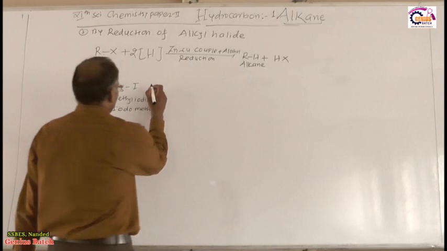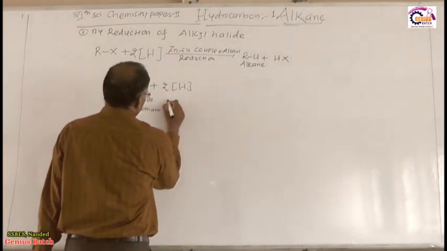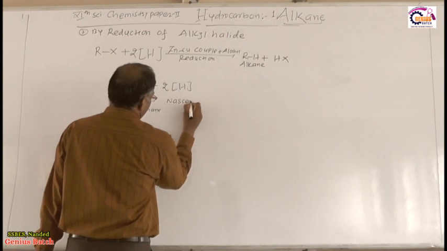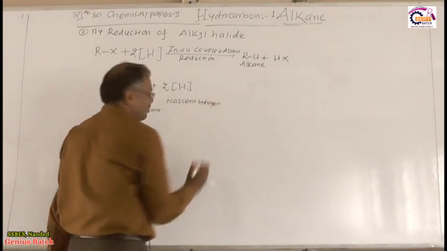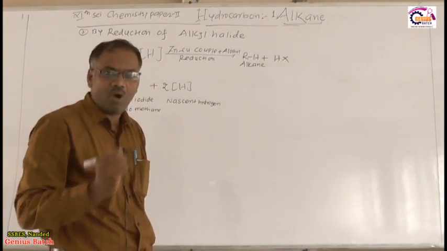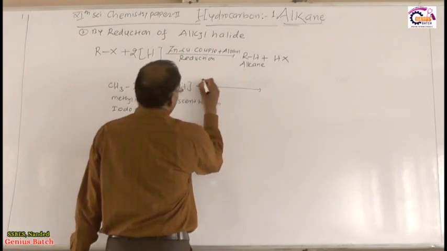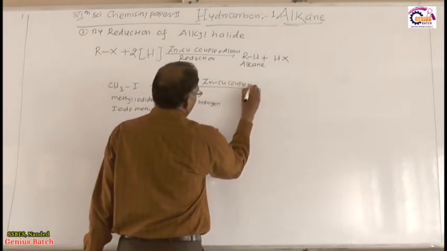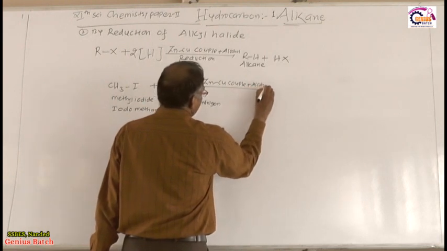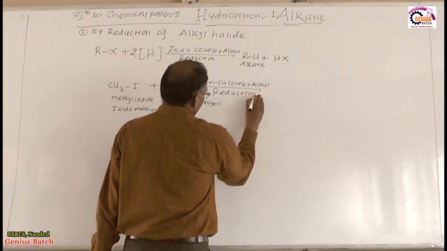Then nascent hydrogen. Hydrogen in the form of atoms, not in the form of molecules, is called nascent hydrogen. In the presence of zinc copper couple plus alcohol, this is the reducing agent, so the process is reduction.